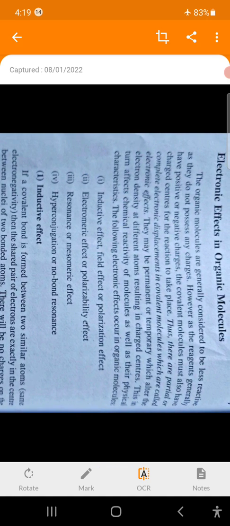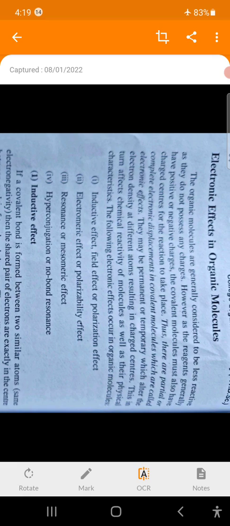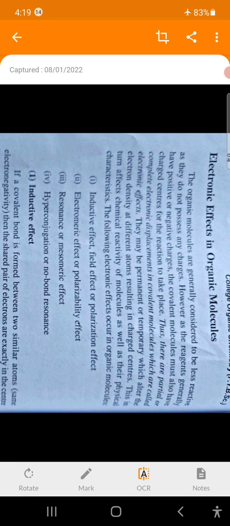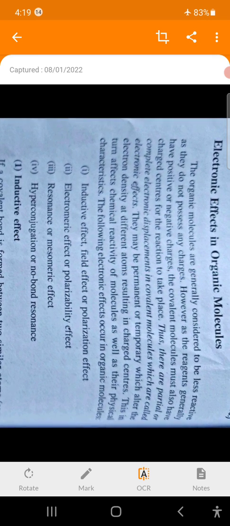Then the next point is electronic effects in organic molecules. This is a very important part of this topic, considering basic organic chemistry.